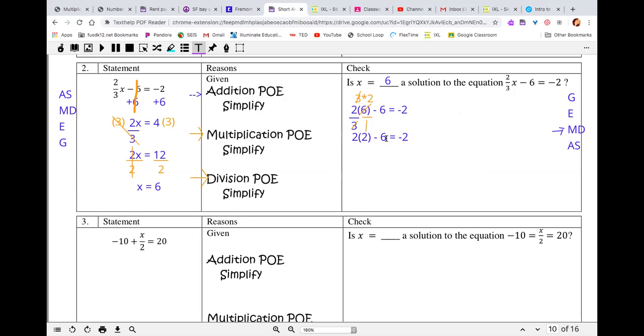What do I do next? Am I still multiplying or dividing? Or am I taking 2 minus 6? Am I timesing or am I minusing? Timesy. Okay, so 2 times 2 is 4.